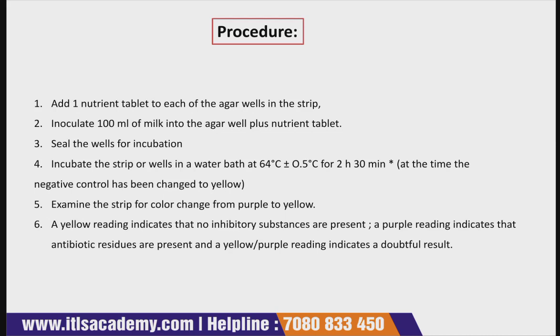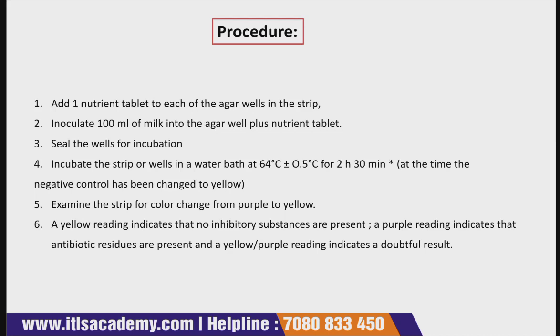A yellow reading indicates no inhibitory substances are present. A purple reading indicates that antibiotic residues are present. So if the well has a purple color, it indicates yes, antibiotic residue is present.